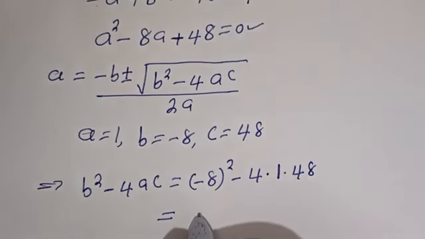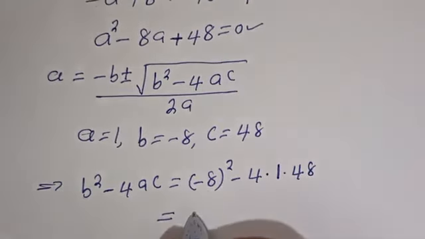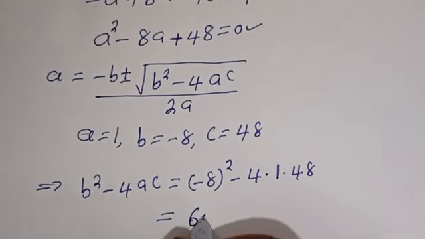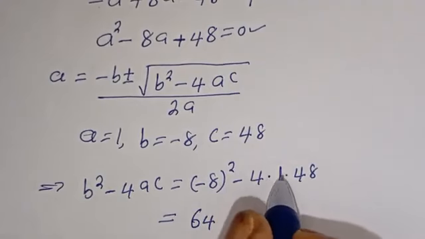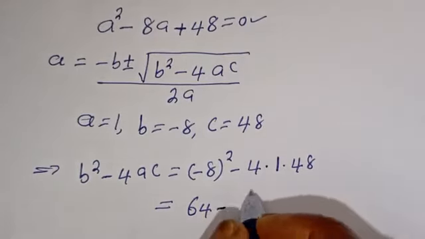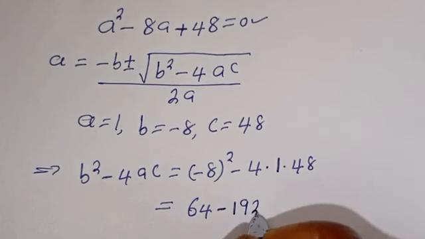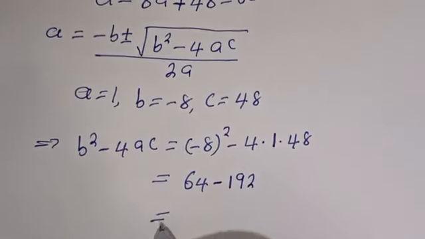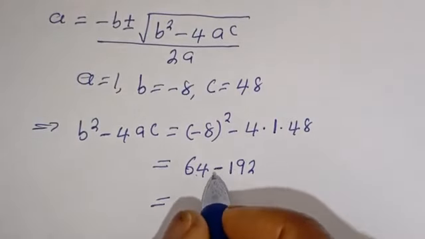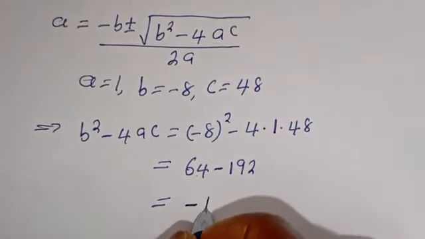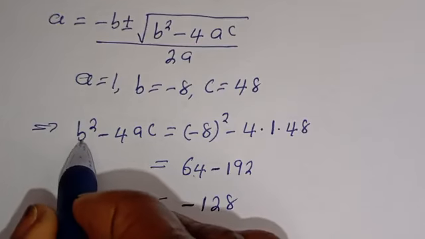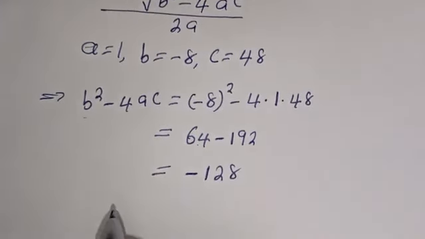This is equal to minus 8 square, that is 64, minus 4 multiplied by 1 multiplied by 48. This is minus 192. Then if you subtract 192 from 64, we have minus 128. Now let's plug this in, which is the value of B square minus 4AC.